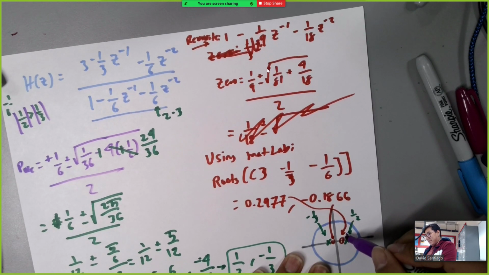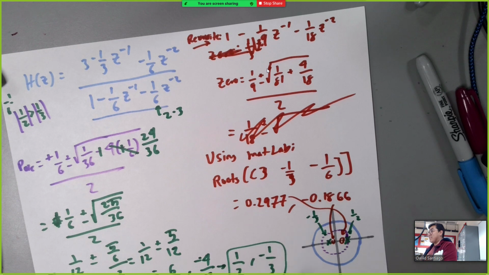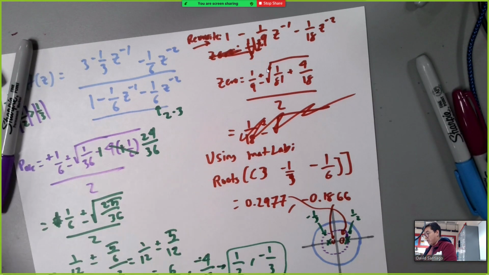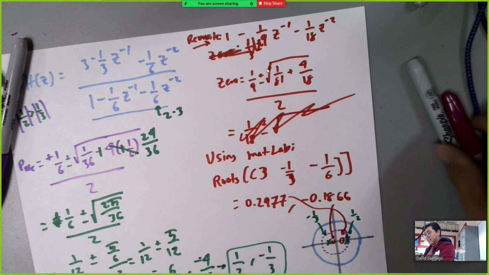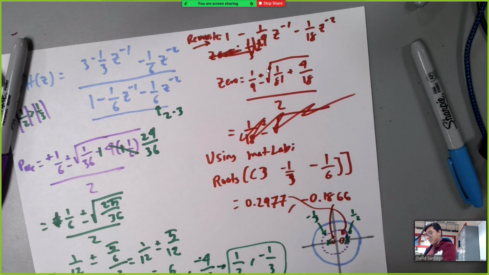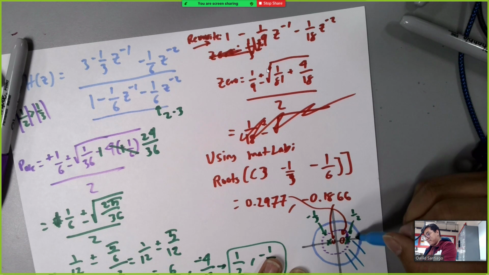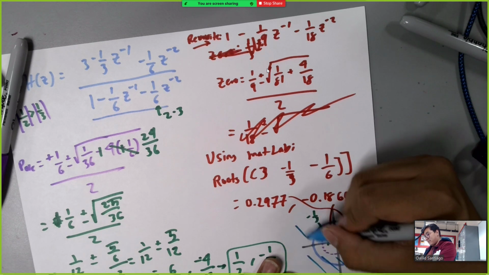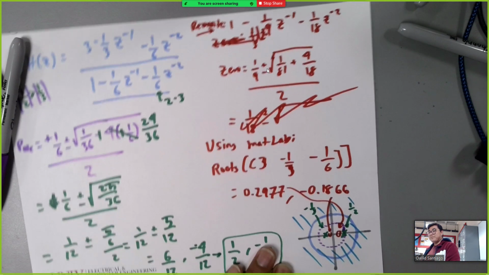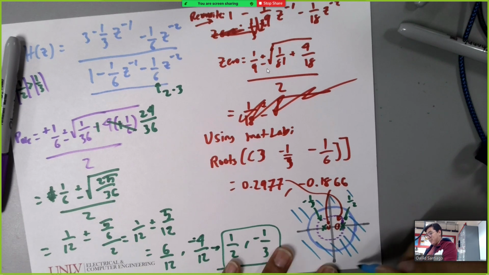So that means if we were to draw the following, there you go. And to make it a stable system, we would draw it going outside. So it's going to go like this. Cool? And that is our ROC.